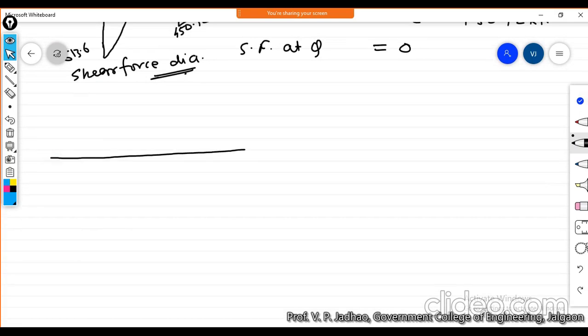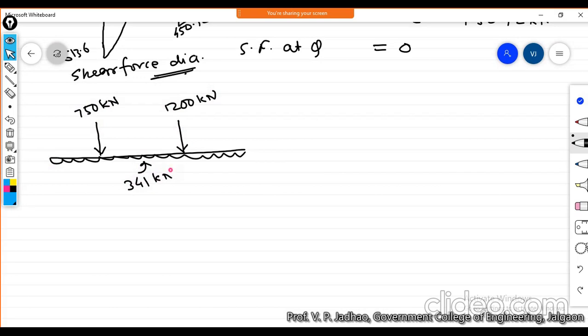This is our footing, which is subjected to a factored load of 750 kilonewton here, and 1200 kilonewton factored load here. It is subjected to one upward soil pressure of 341 kilonewton per meter.